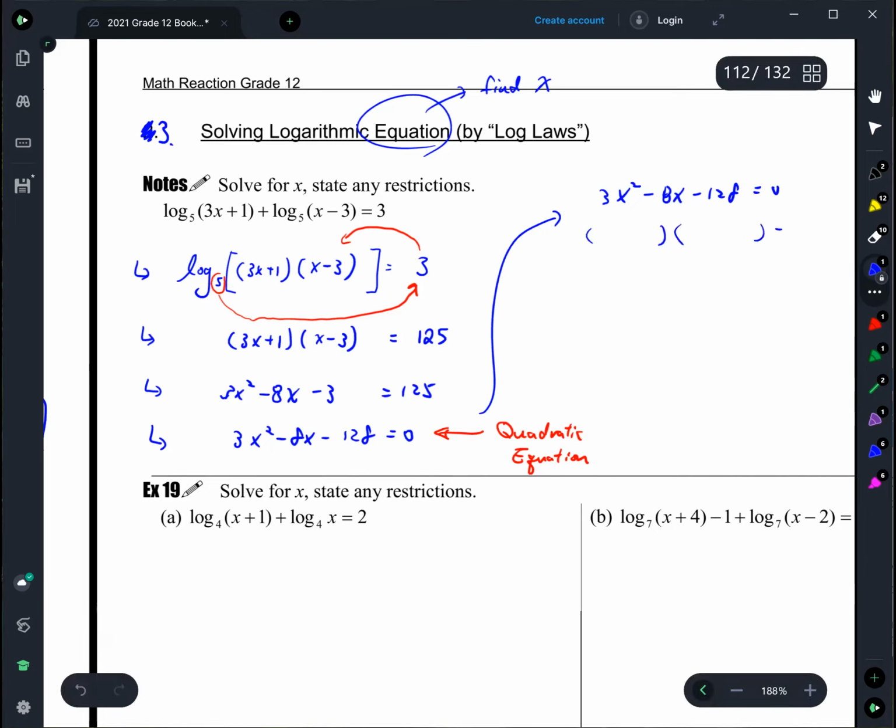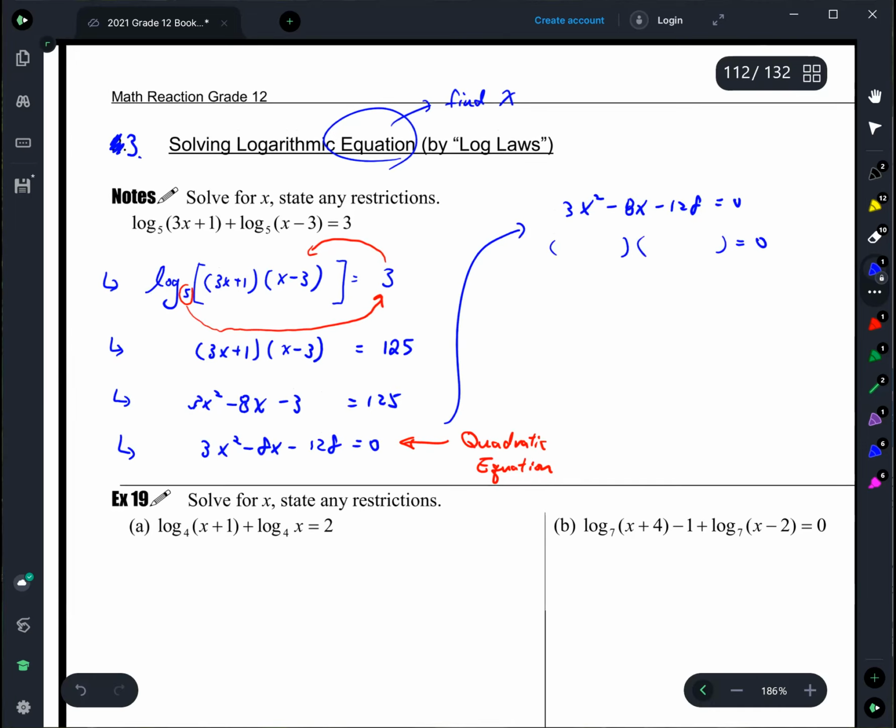Okay, so yeah, turn it into two brackets, all right? So please raise your hand after you're done factoring. Yeah, 128 is a kind of big number.